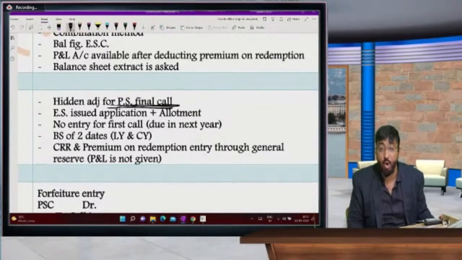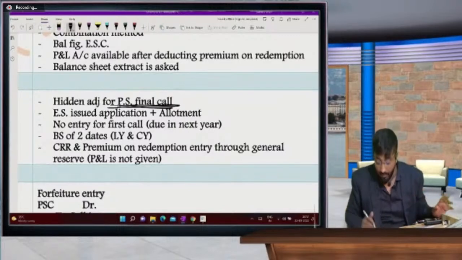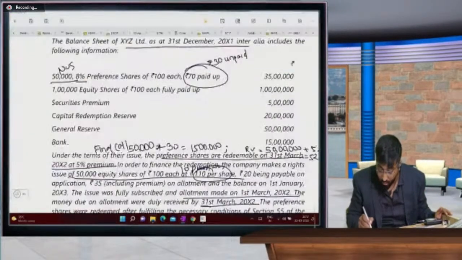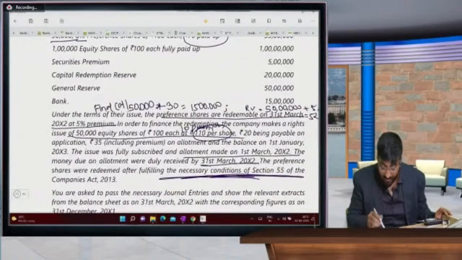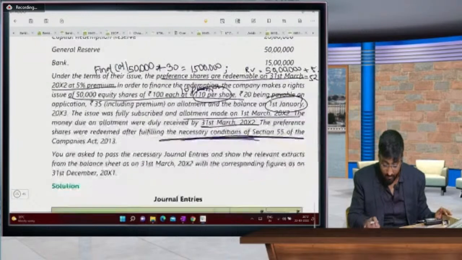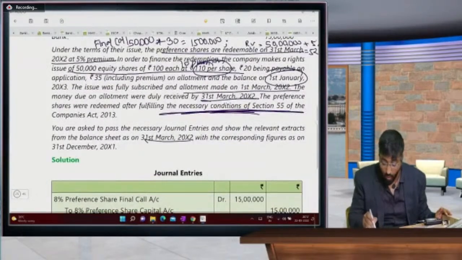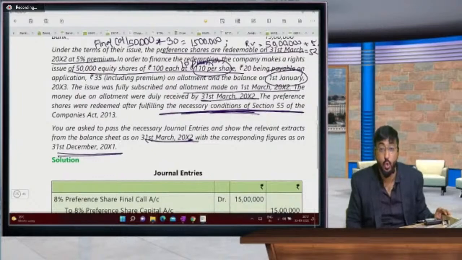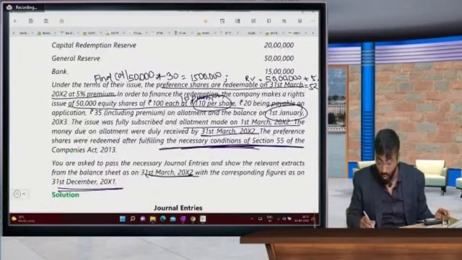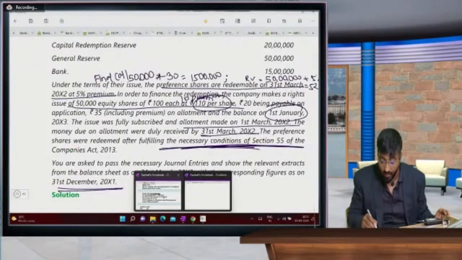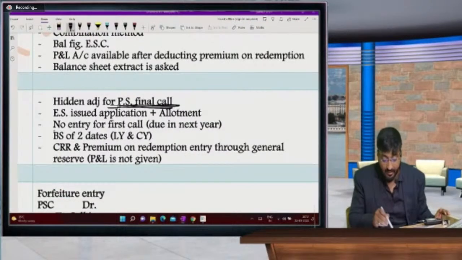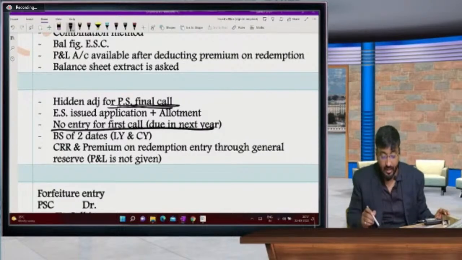Application plus allotment only 2 entries because first call is due next year. You can see on 1st January 2003, and we want to pass entry on 31st March 2002 and 2001. Okay. So 2002, so no entry for first call. First call due on the next year. Okay. So this is narration.